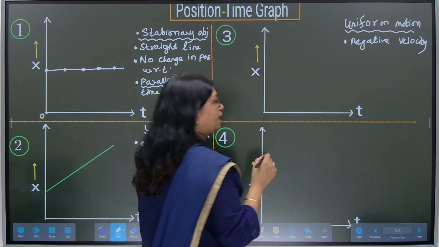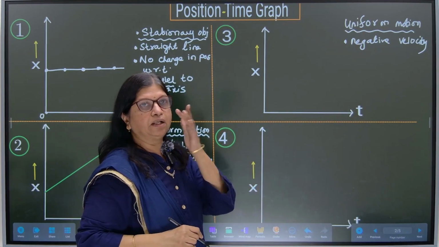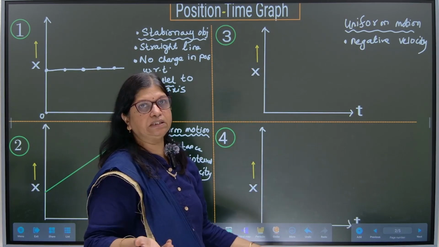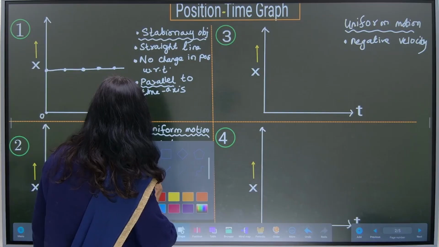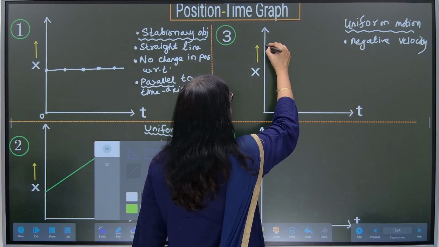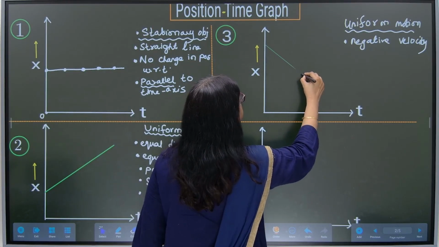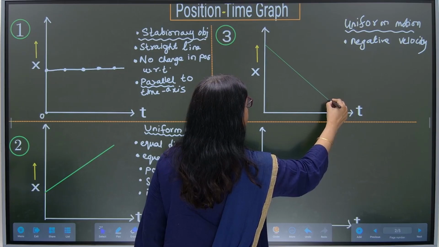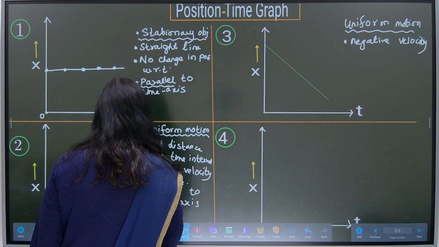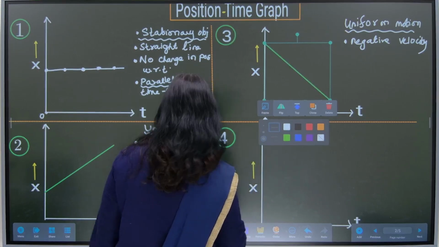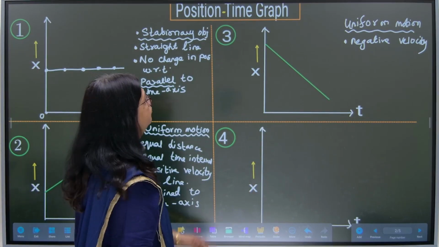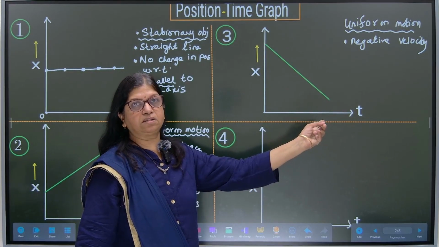So, as the time is passing, the value of x must decrease. So, let us draw it from whatever we can, correct? And understand what kind of a graph it is.